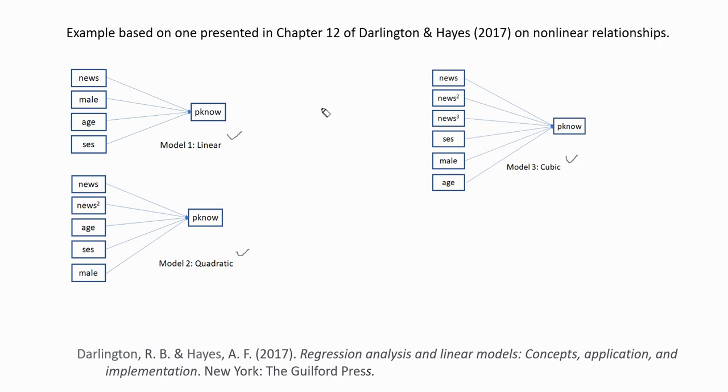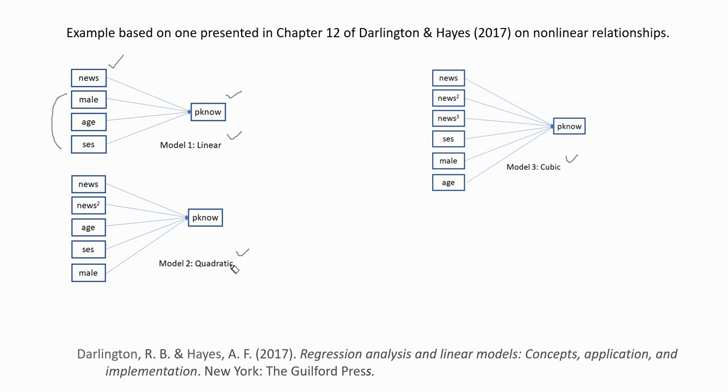model. In the example, we have predictors of a measure of political knowledge. In the linear model, we've got news consumption, which is the focal independent variable, along with three covariates: gender identification, age, and socioeconomic status. So in this linear model, we have news as a linear predictor of political knowledge.